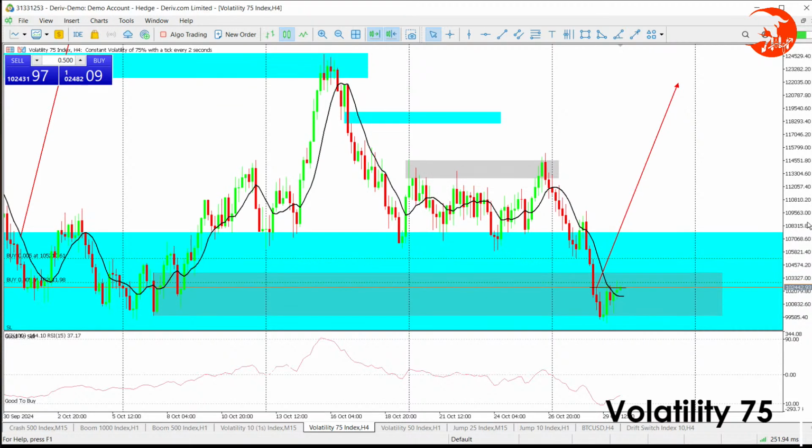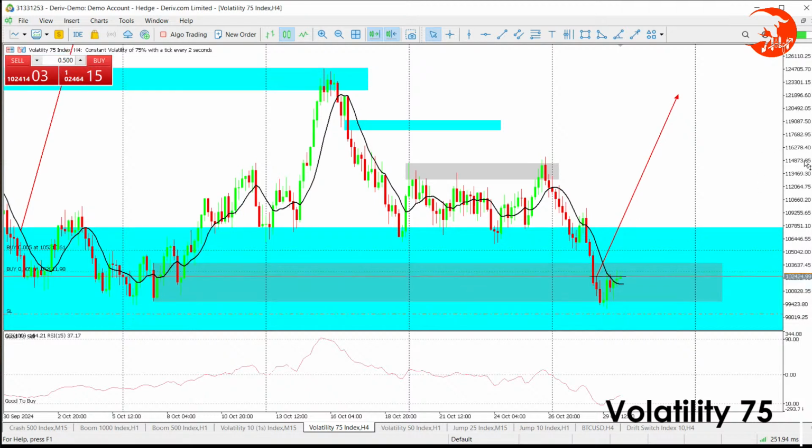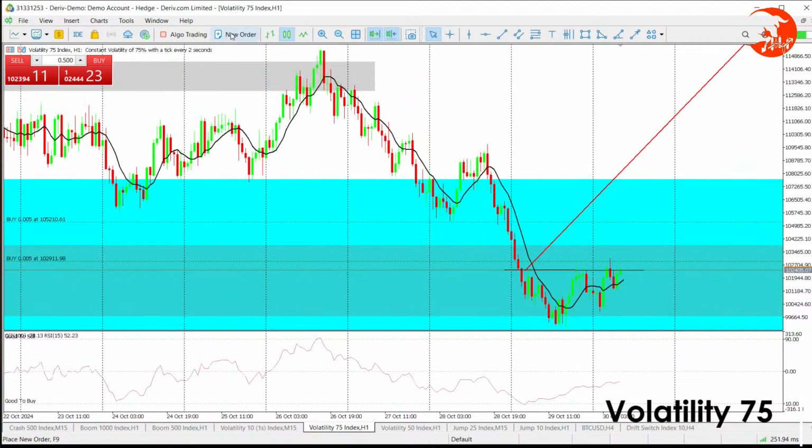So currently price is above my 10 MA. That is a good thing, but right now I can anticipate a sort of pullback before it can continue into buys. Let's look at H1. H1 actually gave us that pullback, so we may not see the pullback again.